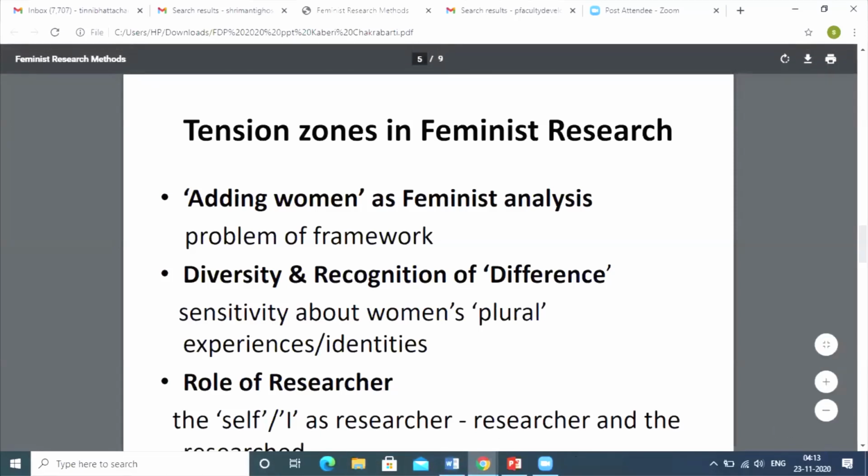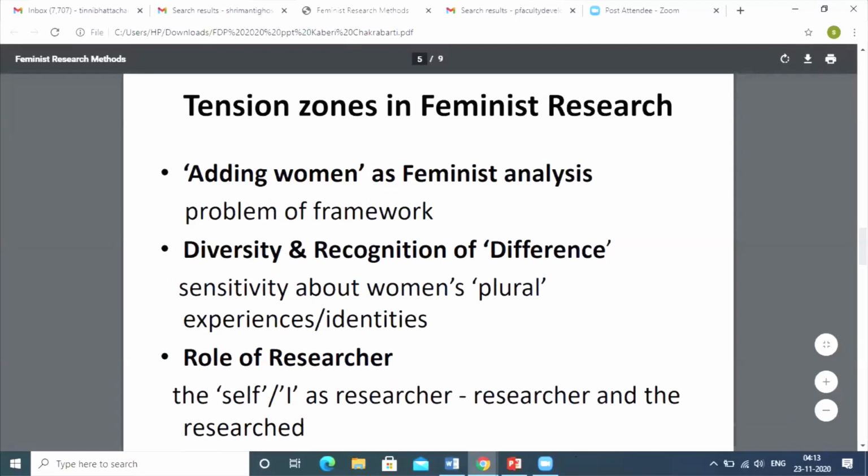So later, in terms of adding women, the feminist researchers have focused on women's agencies. In academic spaces, they talked about how women scholars have resisted in the male space of academic domains in the universities, in the research areas, and how they have tried to collate women scholars' writings.